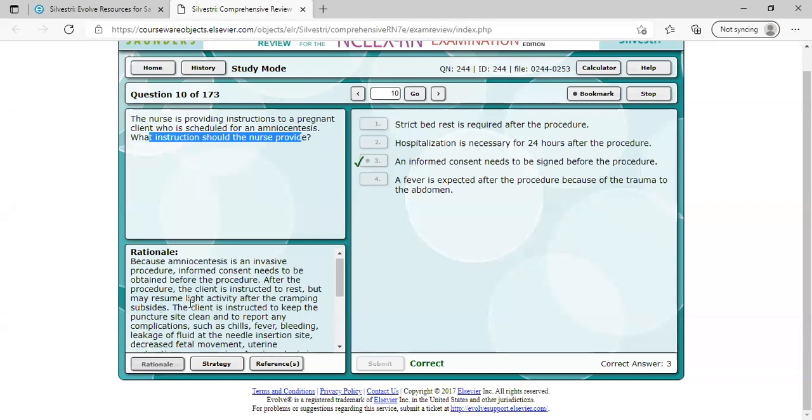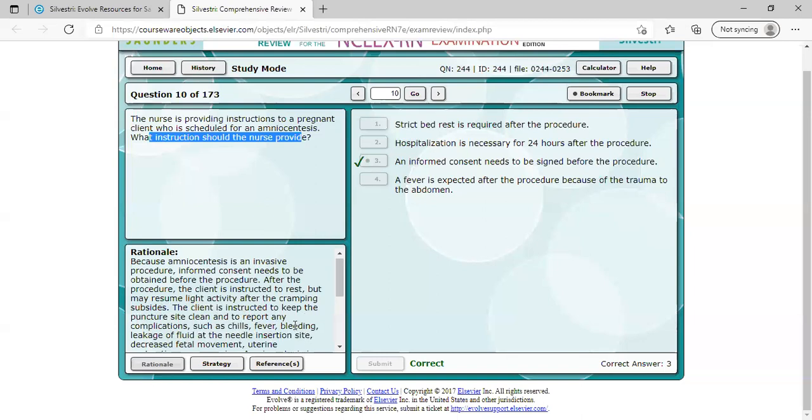So when the pain disappears, they can do light activities. The client is instructed to keep the punctured site clean and report any complications such as chills, fever, bleeding, or leakage of fluid at the needle insertion site.